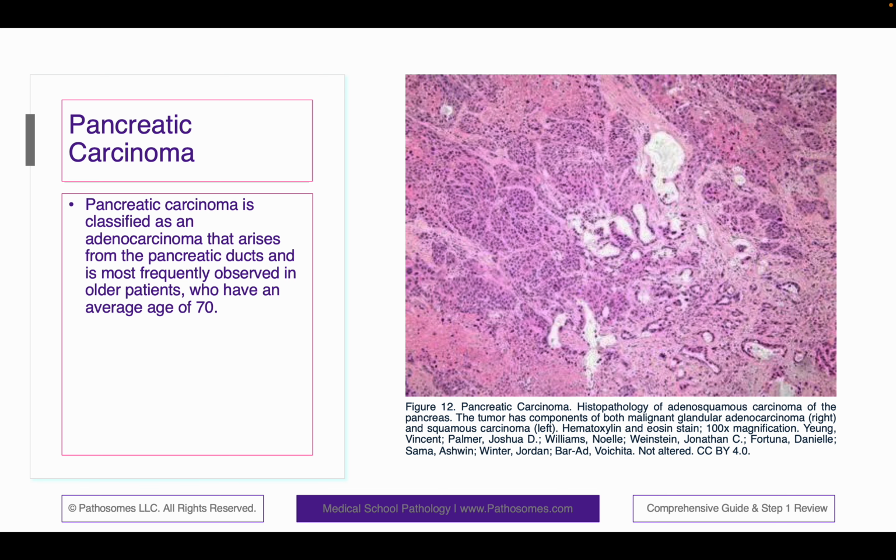The top left is the gross slice. B is the H&E. And then we see various immunohistochemical stains in C and D. And this is immunohistochemistry showcasing various immunostains highlighting pancreatic carcinoma tissues and paracarcinoma tissues.